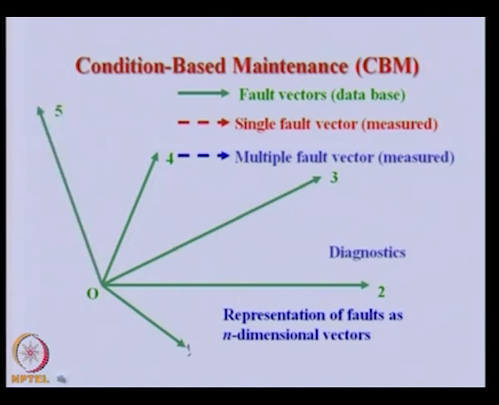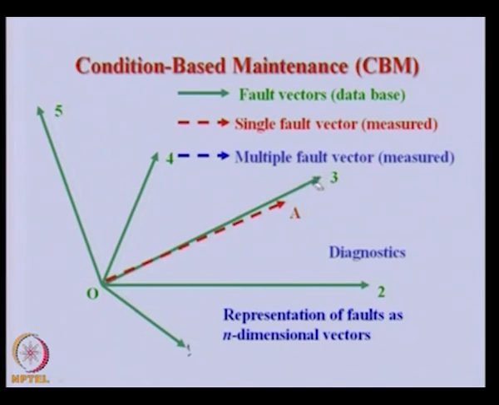So these are the 5 types of faults a particular machine can have. We can first generate this kind of database, and once we have this database for 5 different faults, then if some unknown fault appears in the system, and we have measured all the data and plotted it in this particular database space, let us say this red one is for the unknown fault, we measured it, and you can see that it is close to fault 3.